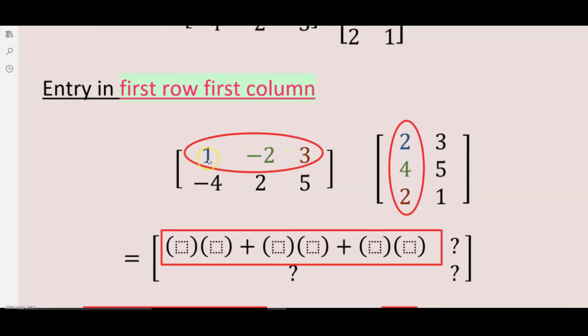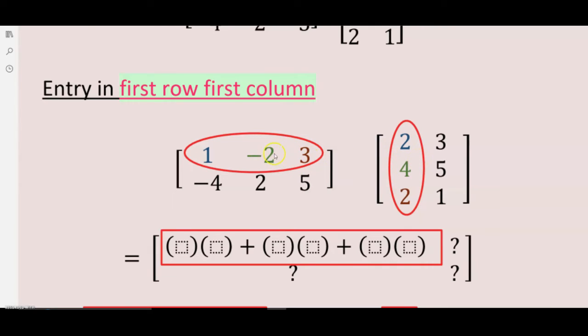As you can see, I have highlighted the entries in the same color. So first we will multiply the first row with the first column. How? The first entry will be multiplied with the first entry of the column, plus the second entry with the second entry, plus the third entry with the third entry of this column, right? And what will be the place in the resultant matrix?